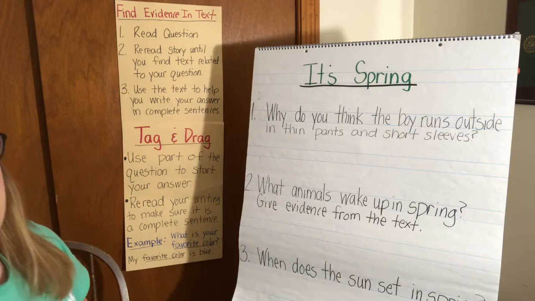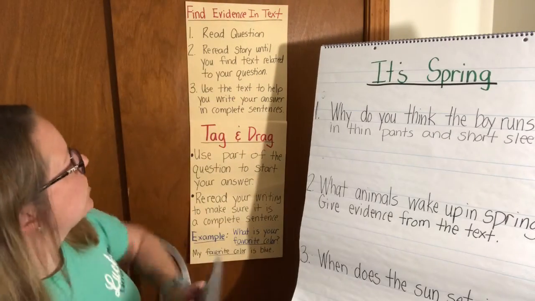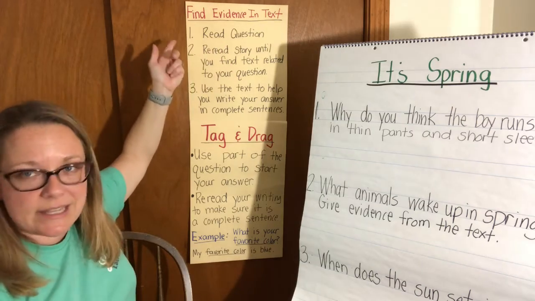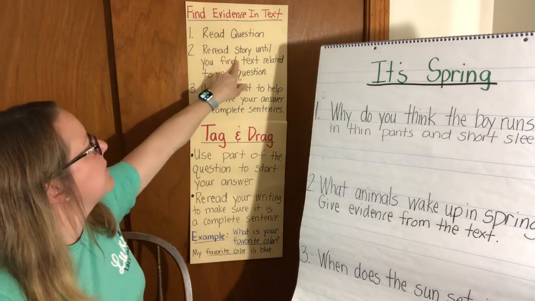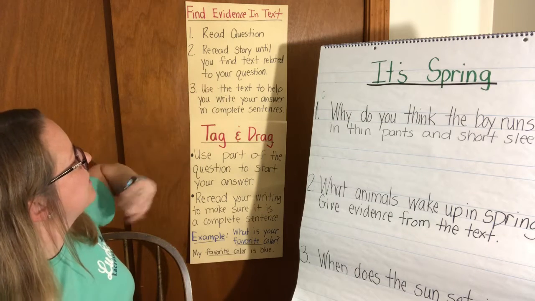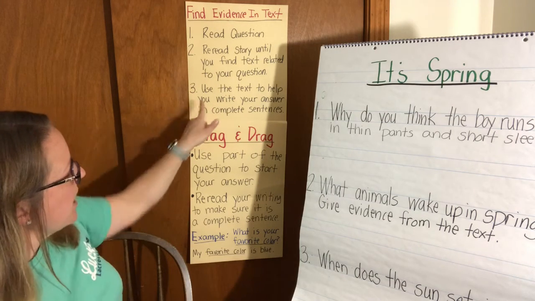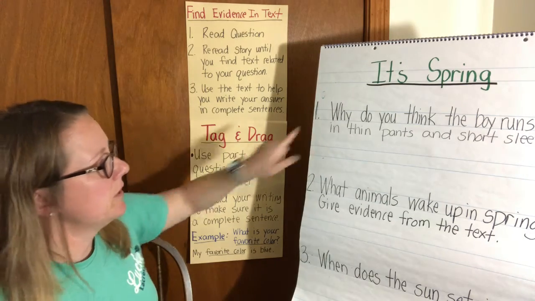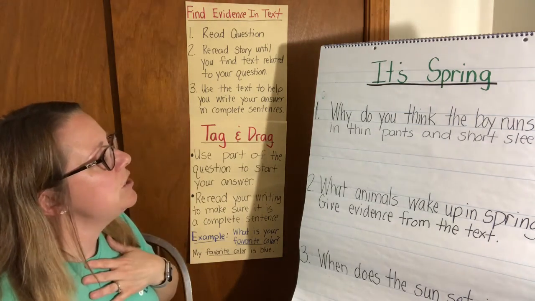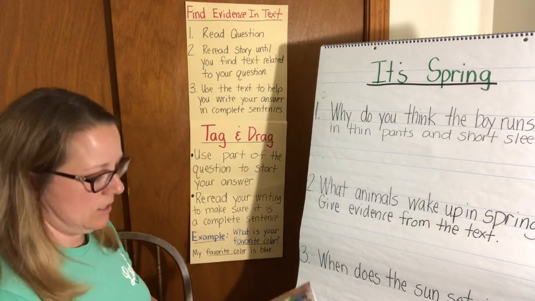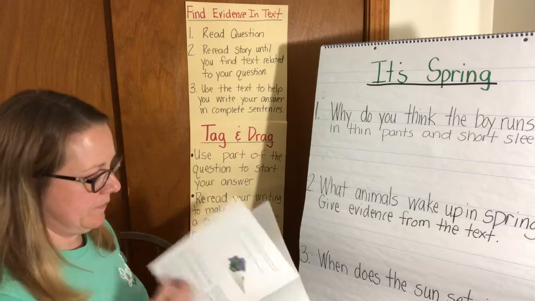So let's look at my chart here, find evidence in text. First read the question. Oh, I did that. Now I'm going to go back in the story and find text related to my question. And I'm going to use that text to help me write my answer. So my first question was, why do you think the boy runs outside in thin pants and short sleeves?